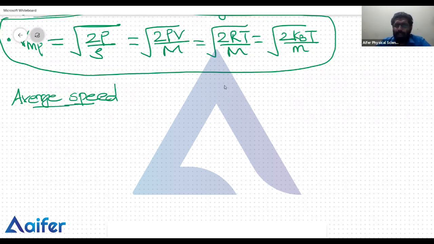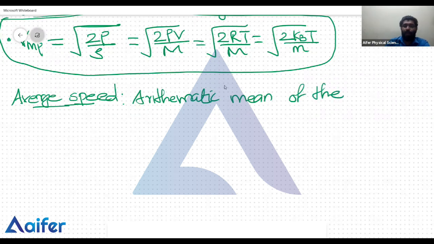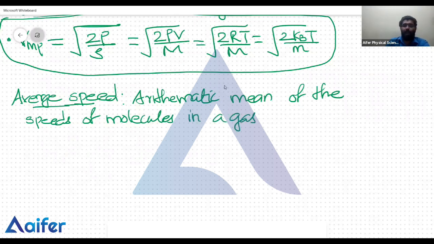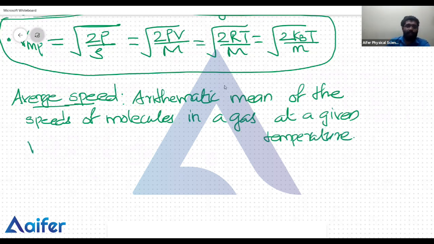It is the arithmetic mean of the different speeds possessed by the molecules of a gas at a given temperature.